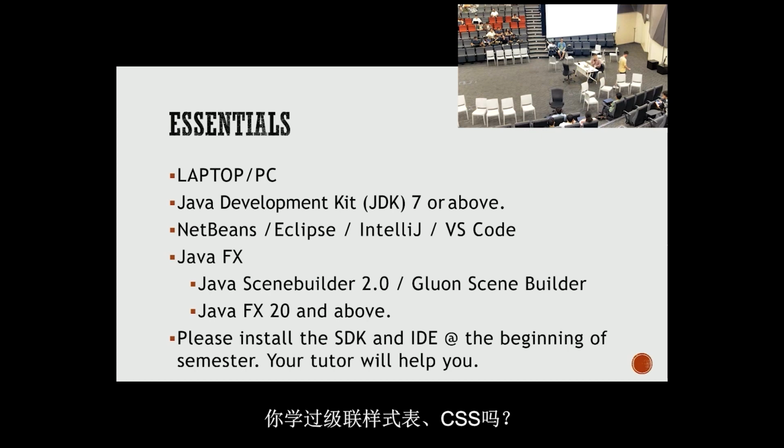Have you studied Cascading Style Sheets, CSS? If you have, then that format of the UI is similar to CSS. When you look at the code behind, you can see it is similar to CSS, and it is very similar to your web HTML markup language. Then it is much easier to learn.